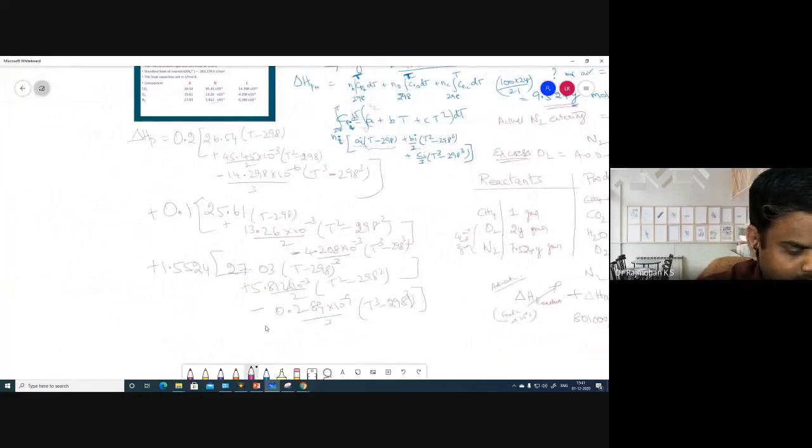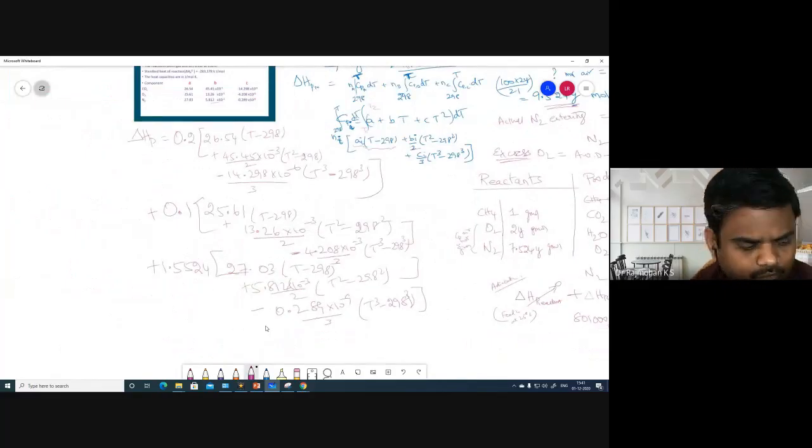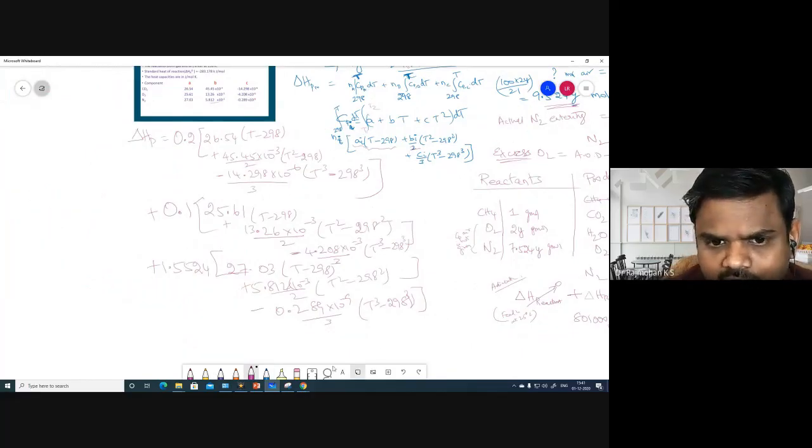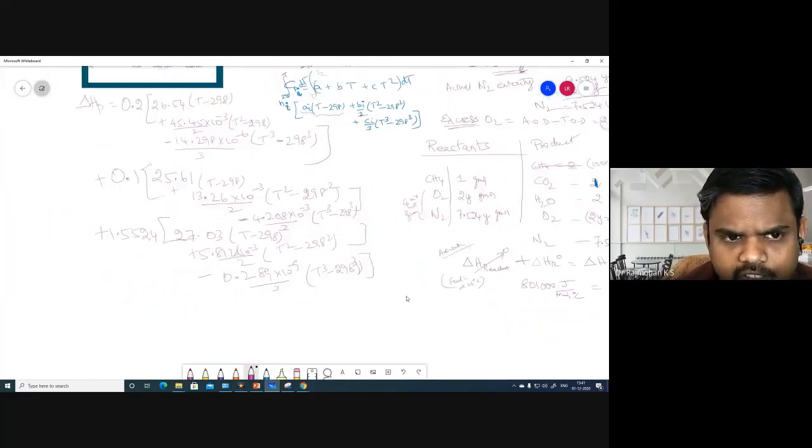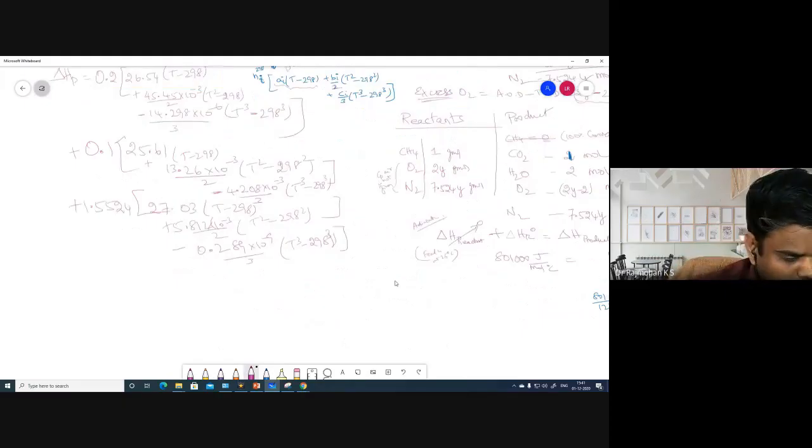If we add delta H of the reaction and delta H of the product, it should be equal to 0.